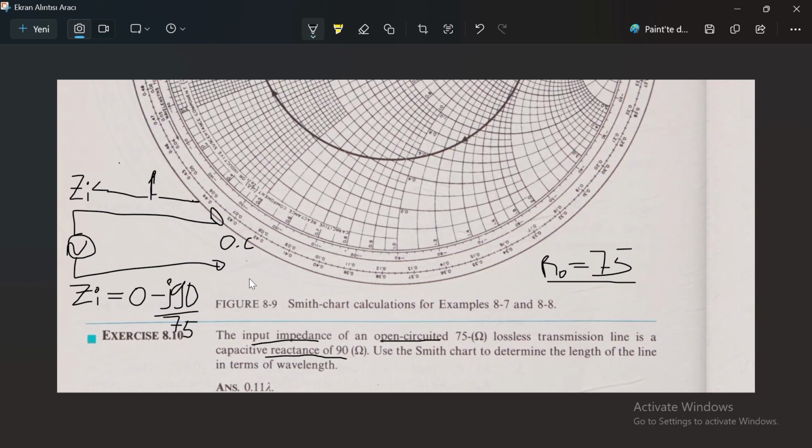So we have found the normalized value of zi. It is normalized, so you can indicate it with a line at the top. Normalized zi is equal to minus j 90 divided by 75, which is 1.2.